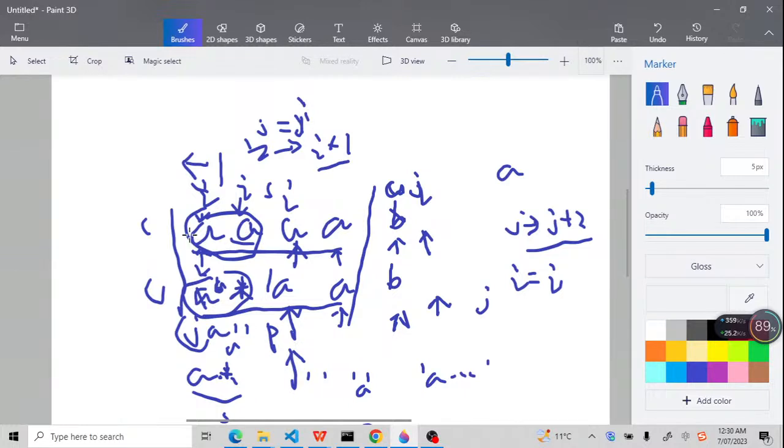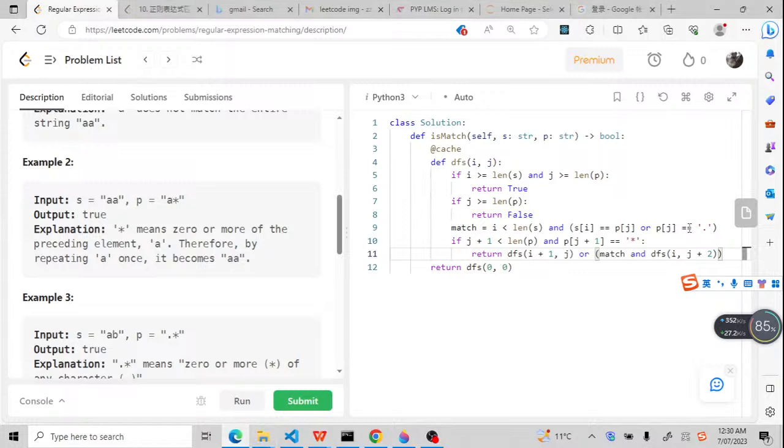We know it is not true, but we didn't need to check it until this A shifts to this place. If it shifts to this place, we need to check if this A equals A. If it is equal, we know it is a match and we can use the DFS to search. Otherwise, we need to check the final result.